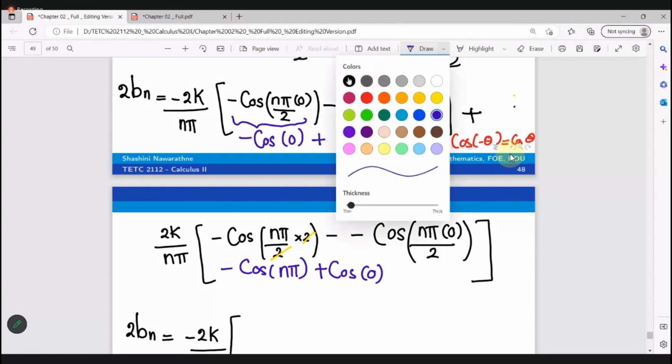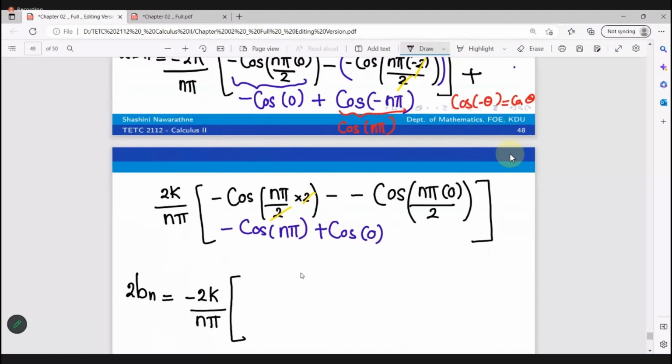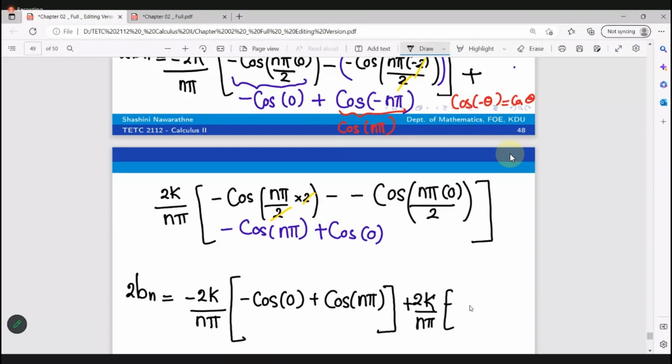Okay, so let's write this as, for the first part, we have minus cos 0 plus cos n phi, plus 2k over n phi times minus cos n phi plus cos 0.